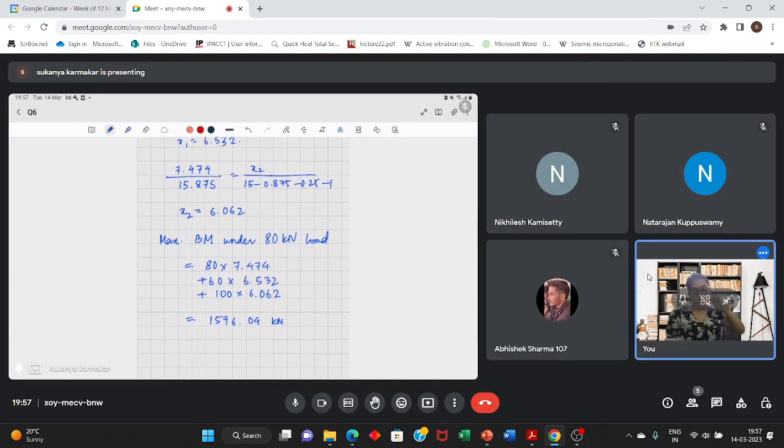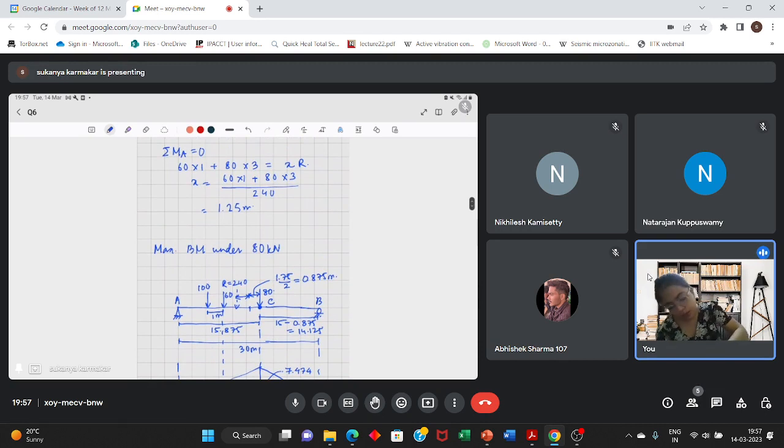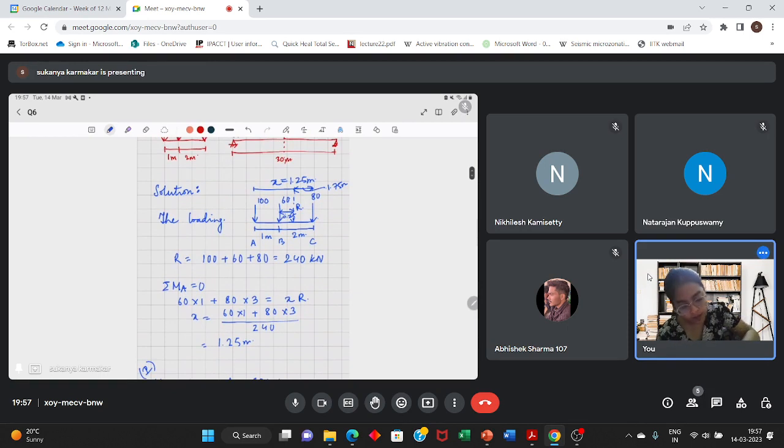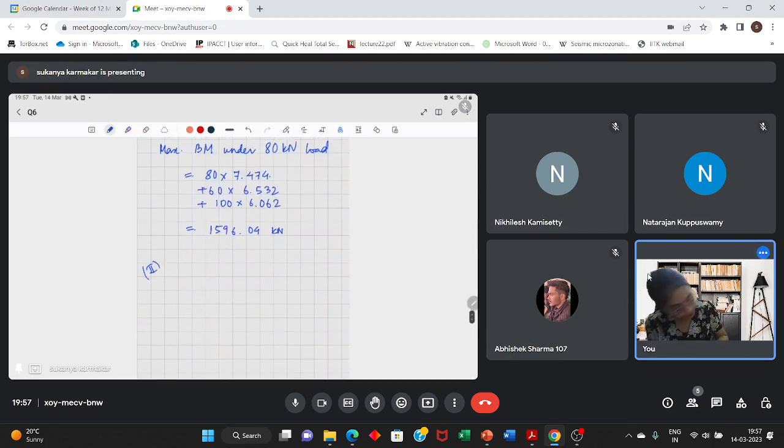Now, here what you had considered, this was case 1, that the maximum bending moment is under 80 kilonewton. Now, the same thing can happen under 60 kilonewton. So, you'll have to do this entire thing once again. So, maximum bending moment, considering the case that the point at which the maximum bending moment is occurring is under the 60 kilonewton load.